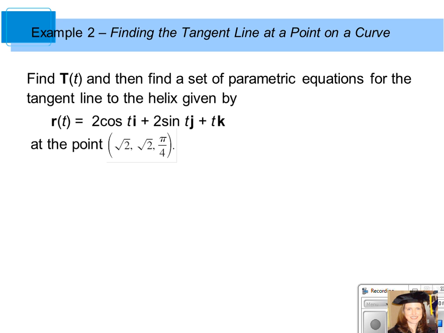Our vector valued function r of t is equal to 2 cosine t i plus 2 sine t j plus t k. That's a helix, at the point square root of 2, square root of 2, pi over 4.